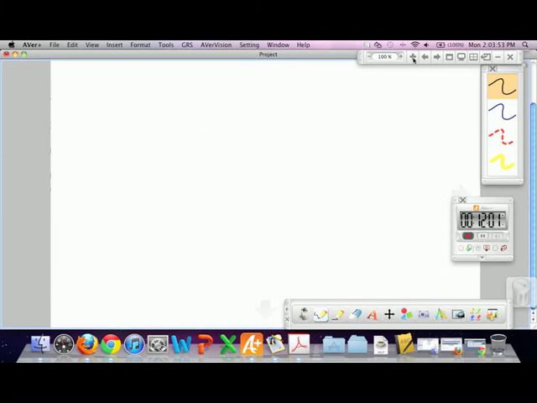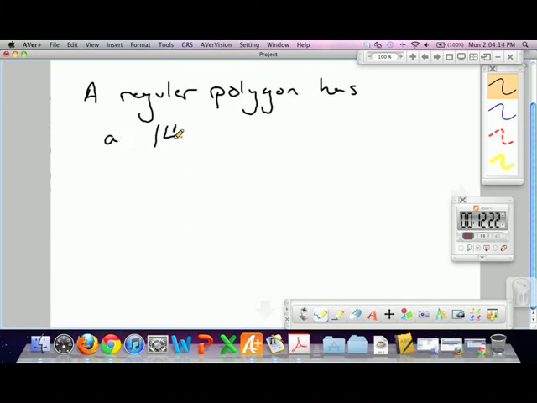Okay, as an extension of this, I could say a regular polygon has a 144 degree interior angle. How many sides does it have?